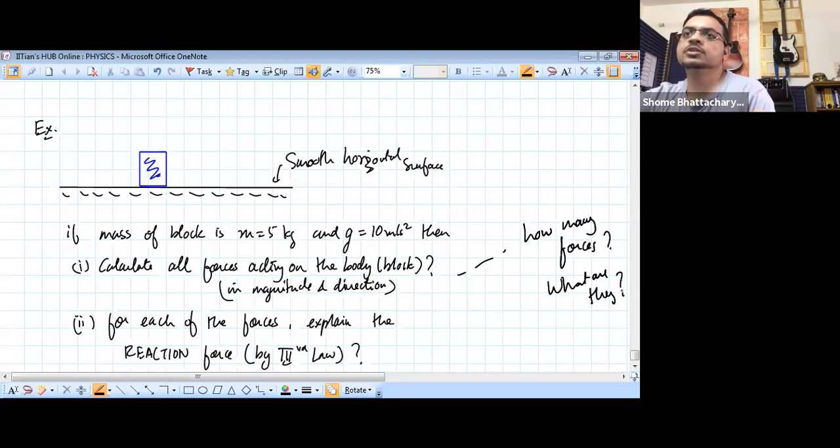Now you have to explain to me what is the reaction to this. Friction is not acting here, because it's on a horizontal smooth surface, and we are not applying any external force horizontally. So there is no friction acting.